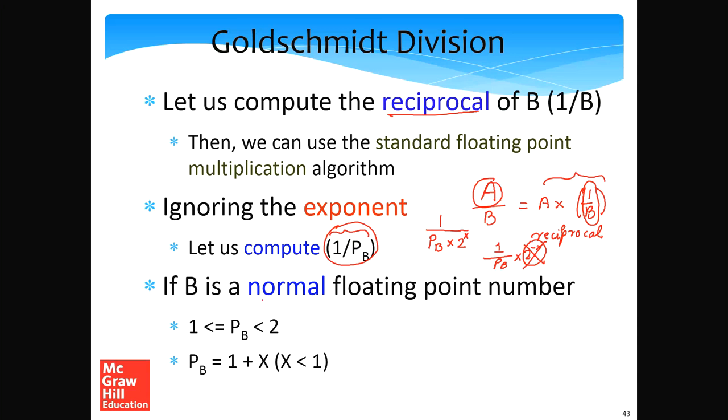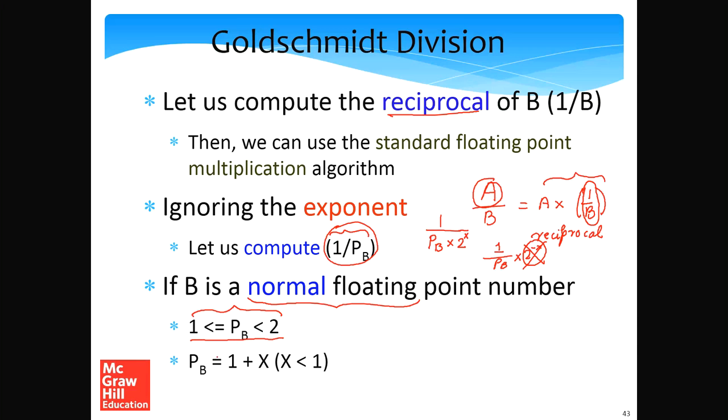So let's first consider the case of a normal floating point number. And of course, if B is a denormal number, we can do something similar, but I will not discuss that in the interest of time. But a very, very easy extension can be done to handle denormal numbers as well. So let me just consider the case of normal significands, where a normal floating point significand is between 1 and 2, in the sense that 1 is less than or equal to PB, which is less than 2.